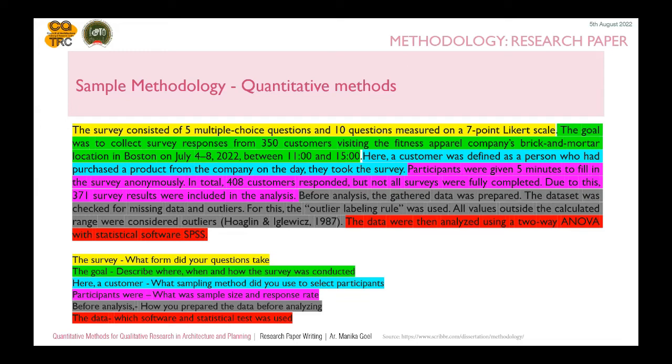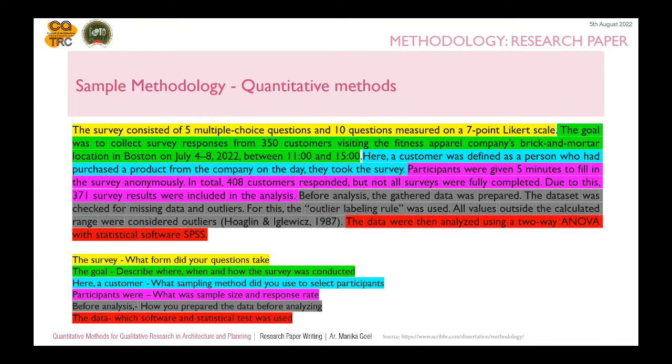The later half of the paragraph discusses that the participants were given 5 minutes to fill in the survey anonymously. In total, 408 customers responded, but not all the surveys were fully completed. Due to this, 321 survey results were included in the analysis. Before analysis, the data gathered was prepared. The data set was checked for missing data and outliers.